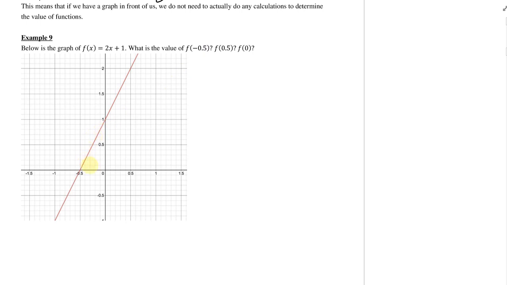Okay, so let's find -0.5. -0.5 is right here. So here's where the graph crosses and it has -0.5. What is this point? This is the point negative 0.5 comma 0. So what this means is that f of negative 0.5 should equal 0.